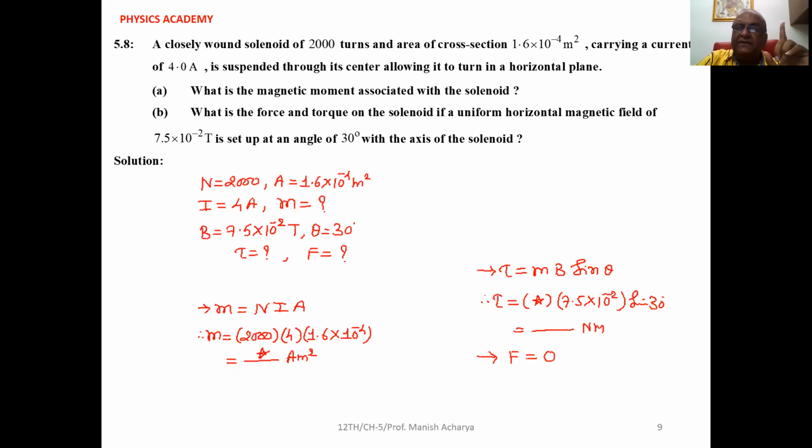Because the north pole and south pole of that magnetic moment will experience forces in mutually opposite directions in the external field, and these forces will be equal in magnitude. Therefore, net force will be 0. Clear to all of you?